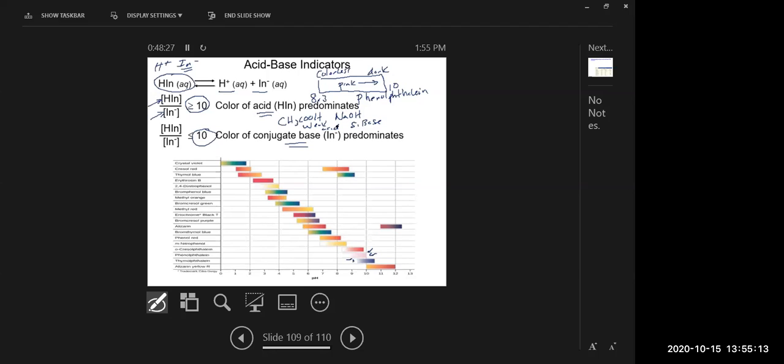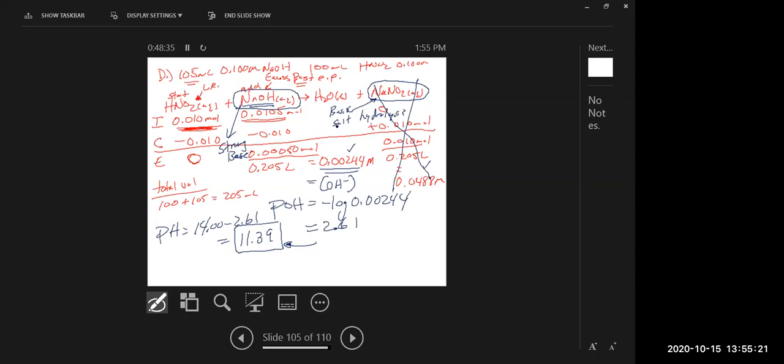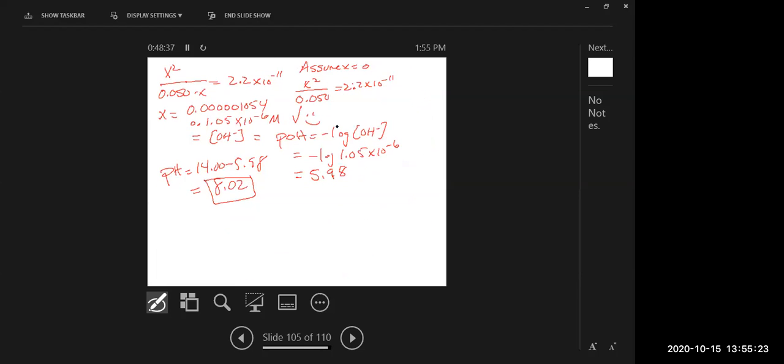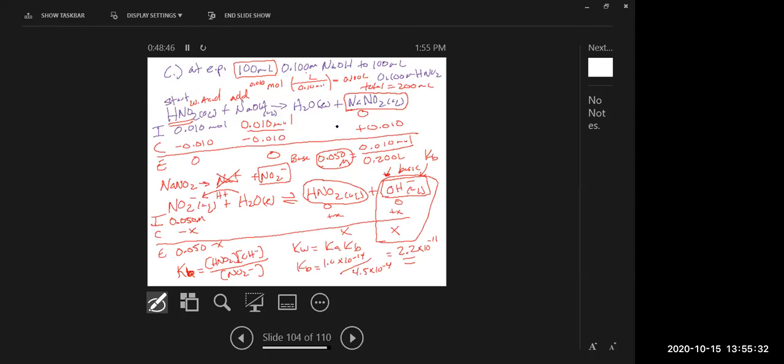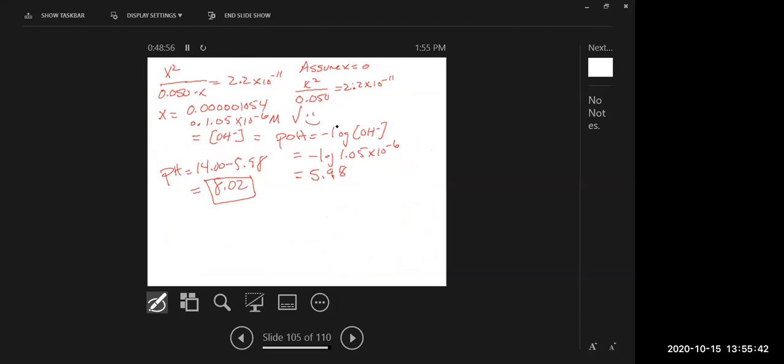And that salt will go through hydrolysis and produce hydroxide. So for example, the one we just did was right there. This was the pH that we got when we reached the equivalence point in that last example, 8.02. It's basic because, again, we have that combination of a weak acid and strong base that's going to generate that salt that will go through hydrolysis and produce that hydroxide.